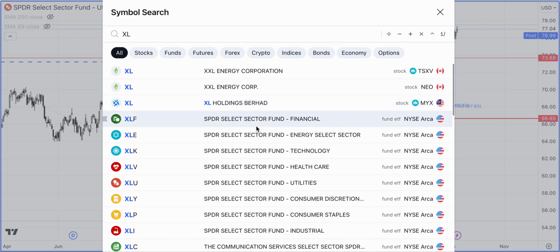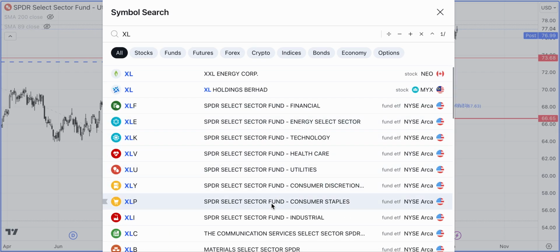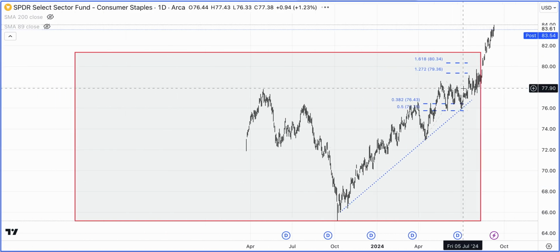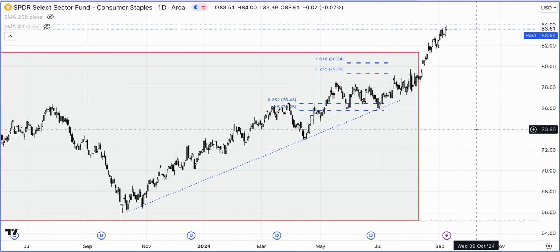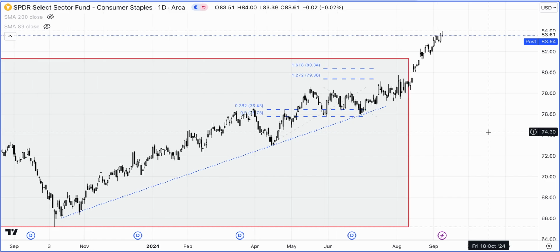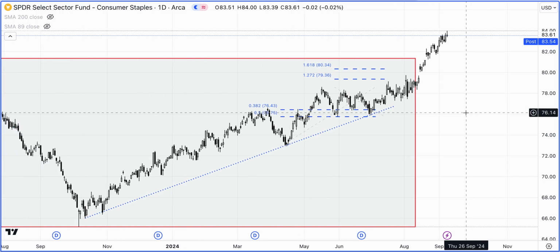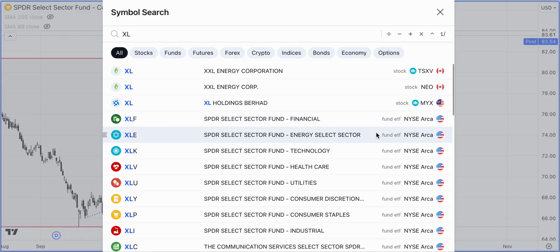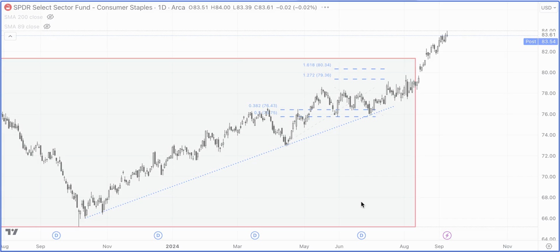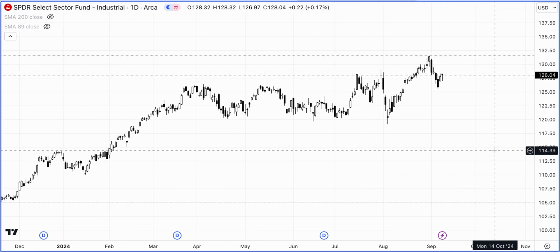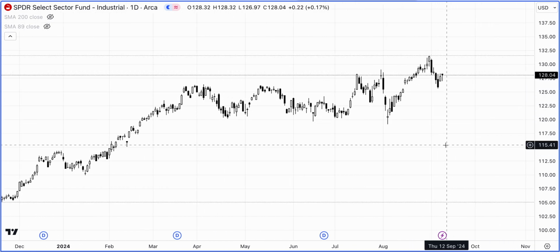Then let's take a look at the consumer staples. You can see a clear distinction between discretionary and what the staples are doing. Let's take a look at industrial. The industrial has had a bit of a pullback, but still quite strong.